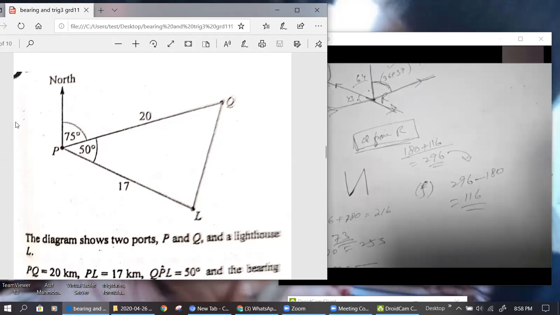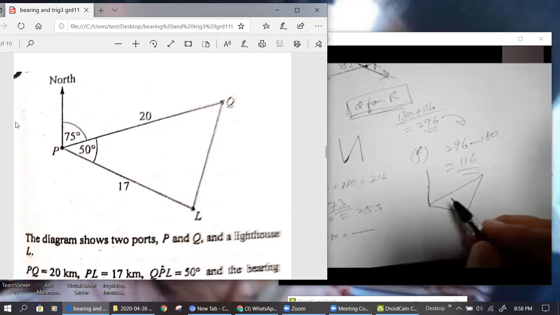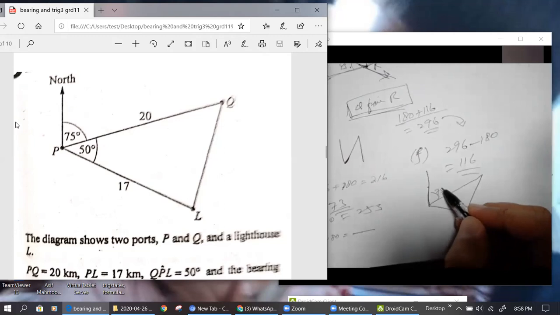Wait a second. If from L, a straight line, let me draw the figure quickly. This is 75 degrees. This is 50 degrees, and this is L. This is another question.